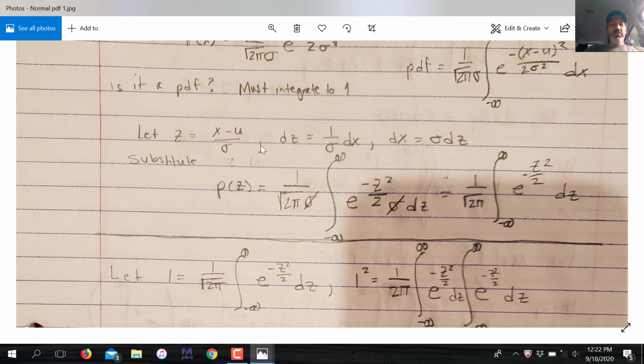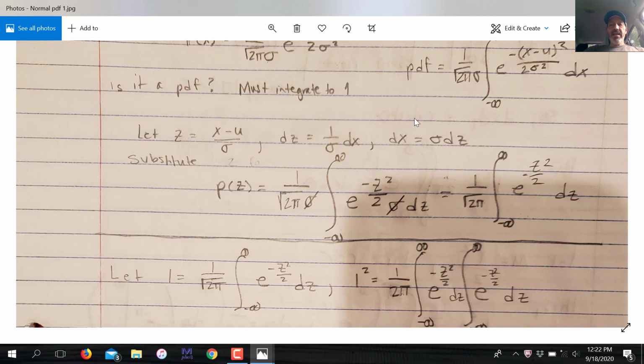So we take the derivative of z with respect to x, and what we get is 1 over sigma. Because x is the only variable here, mu is a constant, and the derivative of a constant is 0. So we get 1 over sigma. That leaves us with dz equal to 1 over sigma dx.